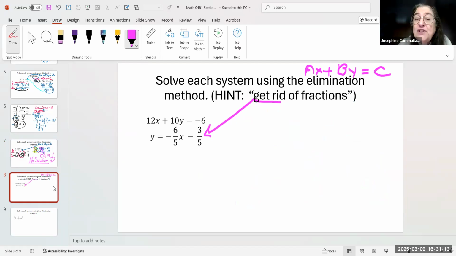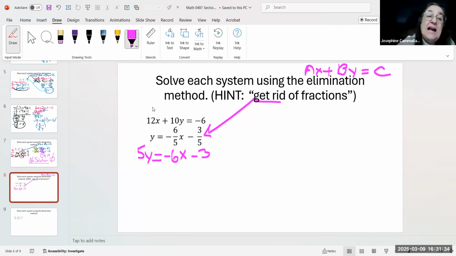Well, first off, both fractions have a 5, so life is going to be easy. 5y is equal to 3. I multiplied every term by 5, common denominator, my LCD.